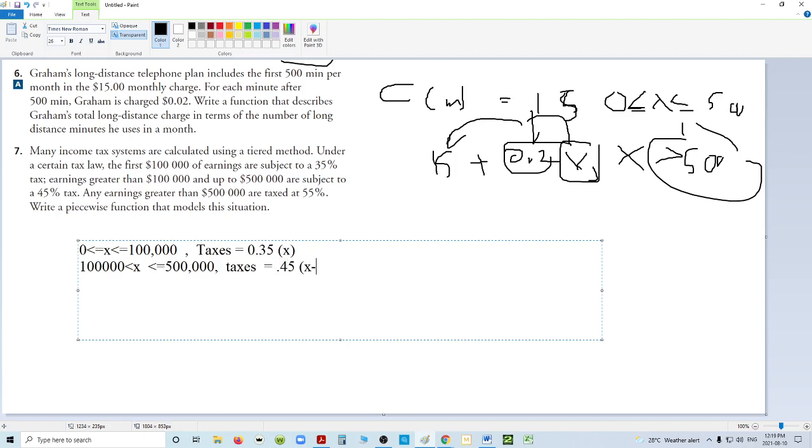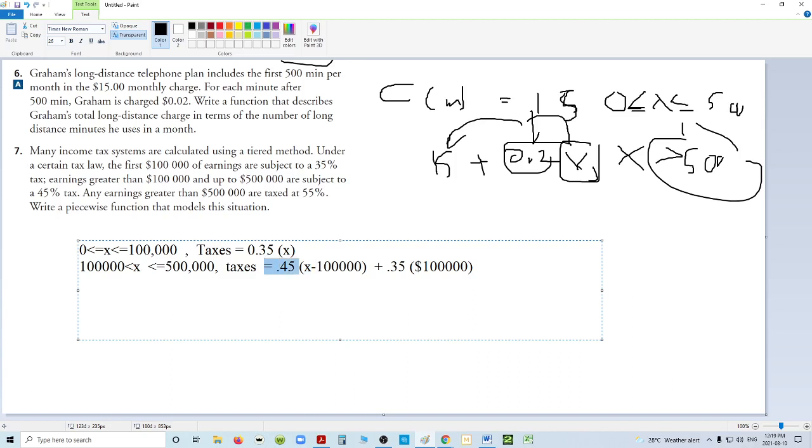It's going to be x minus that amount that we started at, because you're only going to be taxed on that amount. But don't forget, we're also going to be taxed 0.35 on the first 100,000, because you've hit your max here, so you're going to be charged that, and then we're subtracting 100,000 from this x to figure out how much you're charged to tax up to the next 500,000.